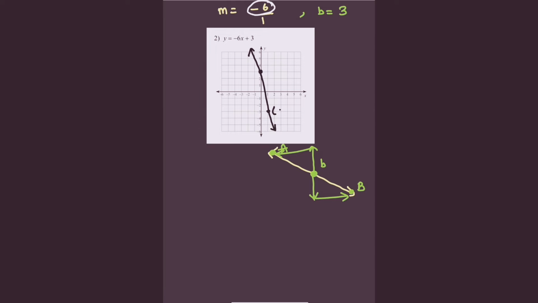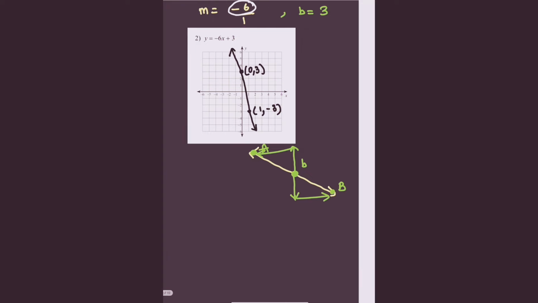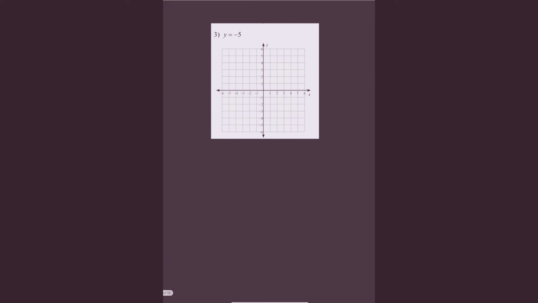So this one would be (1, -3), and the other one is your y-intercept (0, 3). Okay, so this was a graph for a linear equation with a negative slope. Remember to read your graph from left to right.